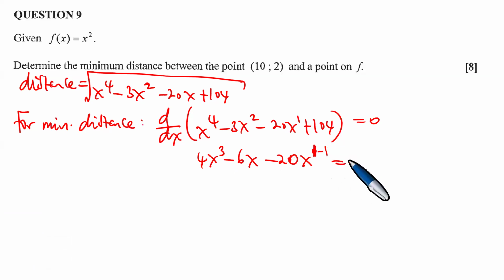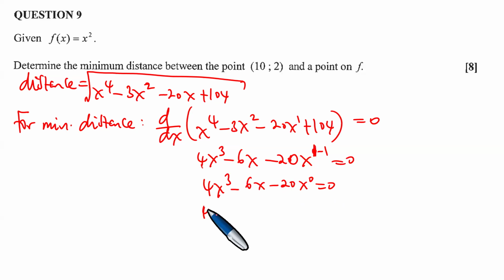The derivative of the 104 is 0. So we have exactly 4x cubed minus 6x minus 20 equals 0. You can divide through by 2.